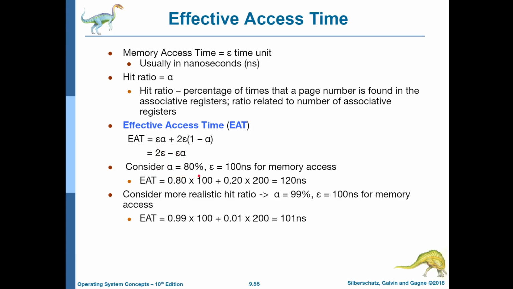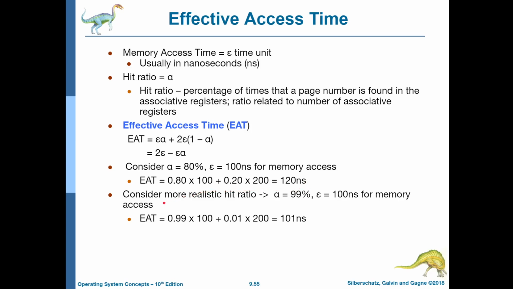Consider a hit ratio of 80% with a memory access time of 100 nanoseconds. If we take this first formula, our hit ratio is 0.8 times 1 access, plus 0.2, which is our miss ratio, times 2 accesses. We get an effective access time of 120 nanoseconds.